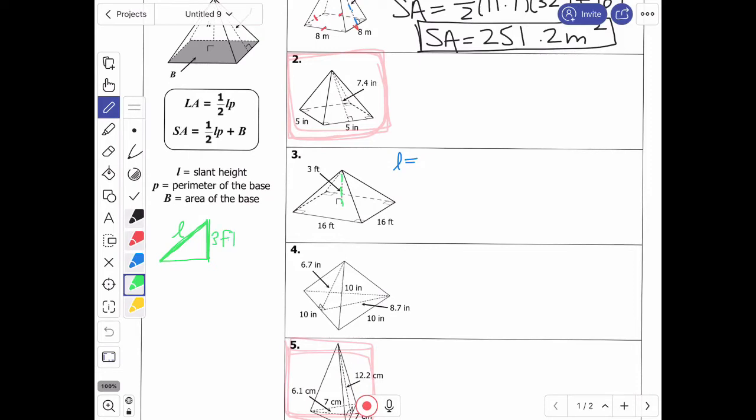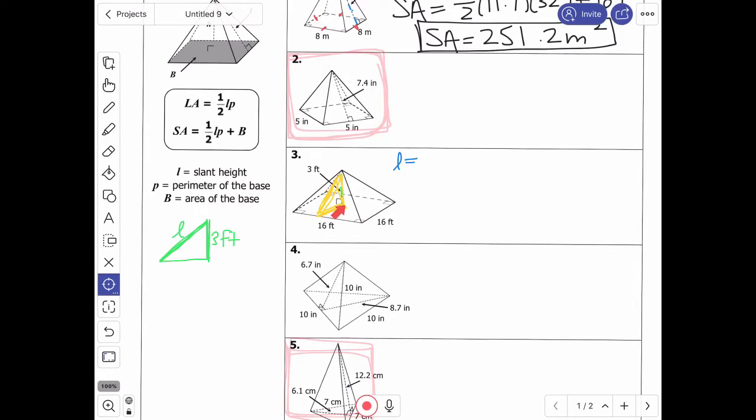And then we have to think about what is this length, okay? So this length is coming from just drawing a line straight out from the middle to the base edge. So if I were to draw a line just right out there, that's where my triangle is coming from. And if you look, I'm in the center of the pyramid.